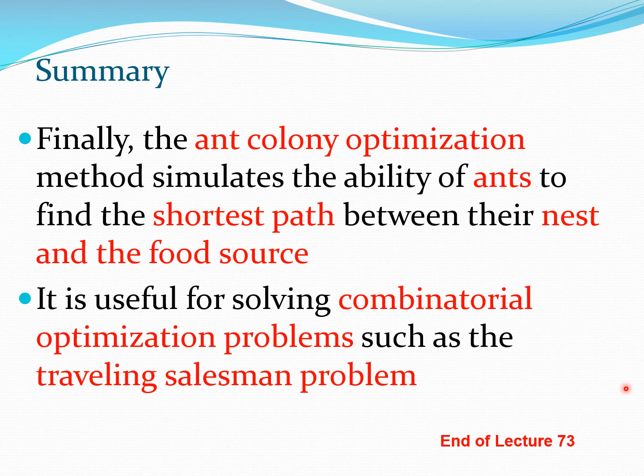We saw how methods such as ant colony optimization can solve these quite intractable problems which are there in nonlinear programming. There are many more methods besides ant colony optimization, but since this is a course, we have to limit ourselves to a certain number of methods. Maybe I will develop a later course where I will cover all the different stochastic optimization methods beyond what is discussed in this particular lecture.